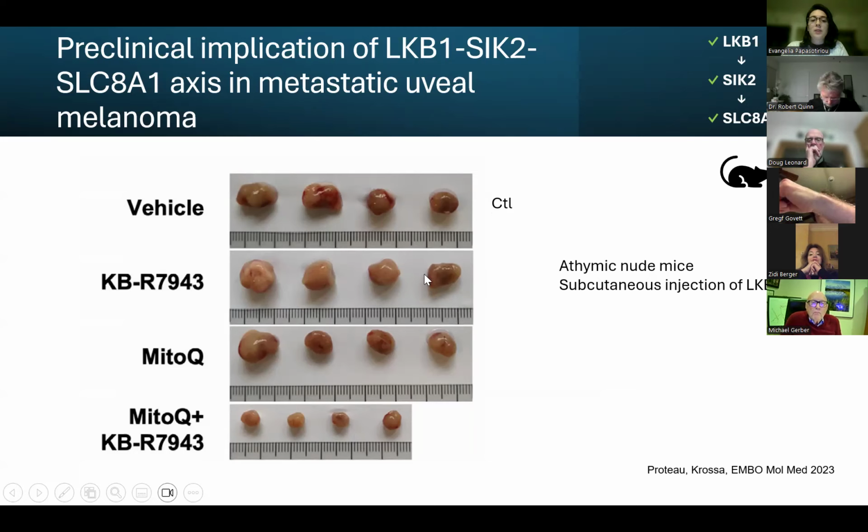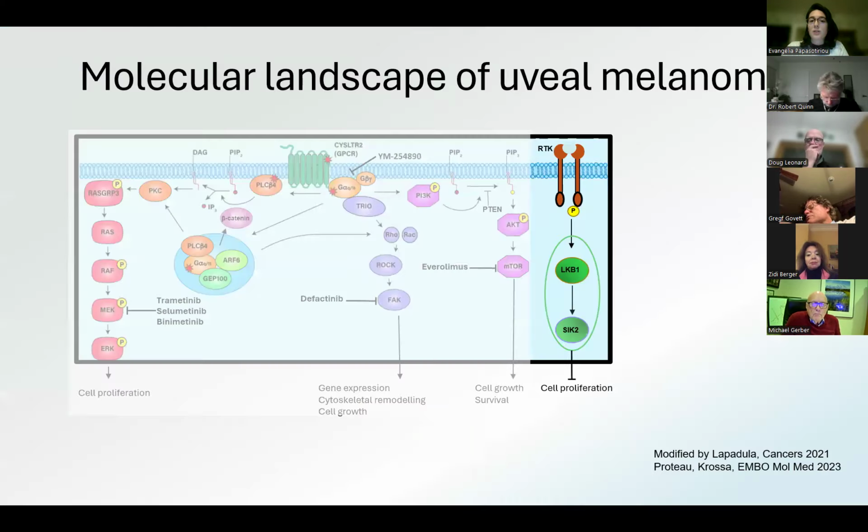And so indeed, when they used the SLC8A1 inhibitor, we don't have much of a difference again, or with mitoQ alone. But when we do the combination of these two, we have a significantly smaller size in our tumors. So this is an extra scientific argument that this could be developed as a therapeutic strategy for uveal melanoma patients.